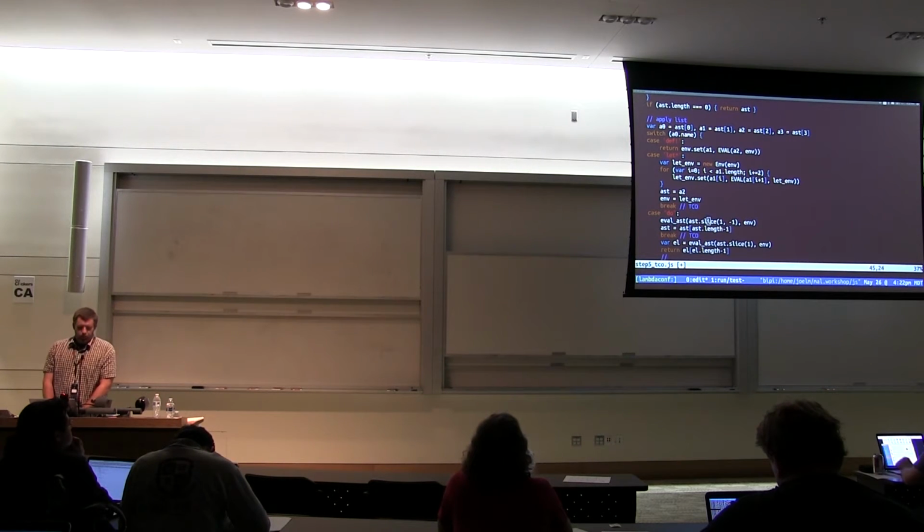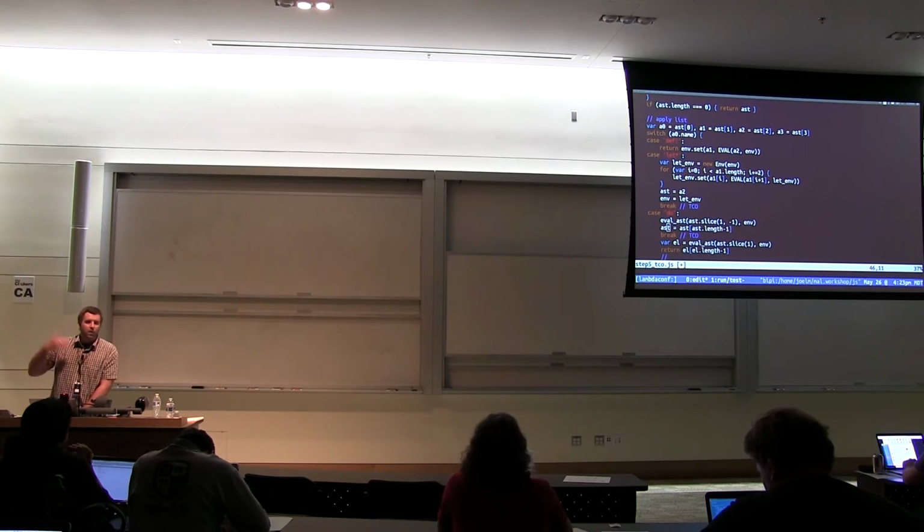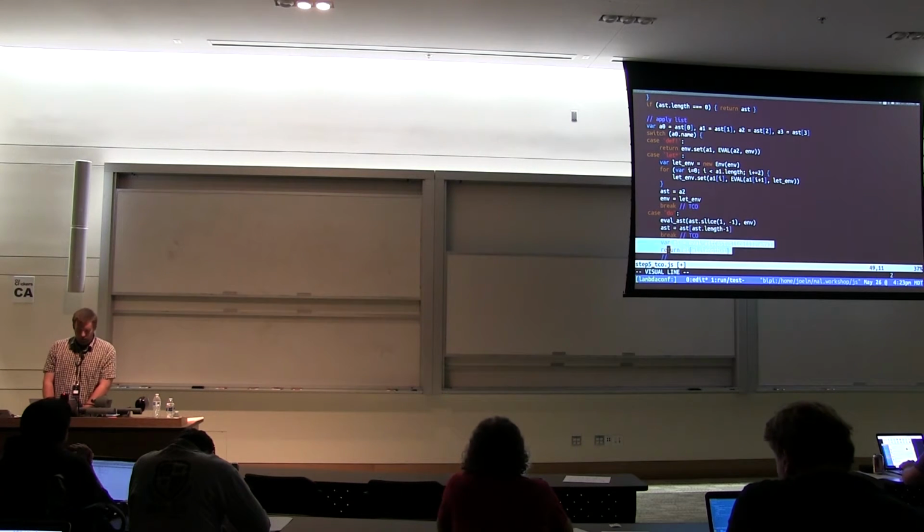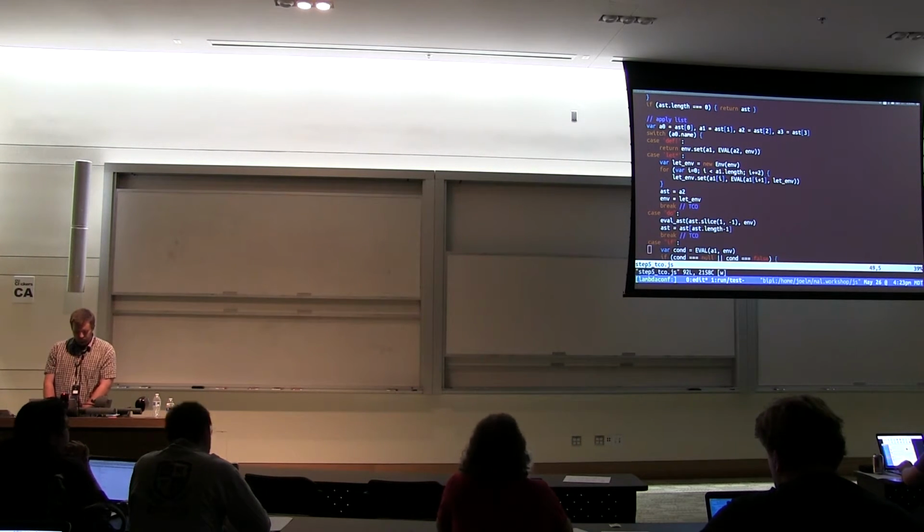In the tail call optimization version, I'm going to skip the last position, and then update AST to be the last position. This accomplishes basically the same thing functionally. I'm going to loop back into eval and evaluate the last position of the do, but it's a tail recursive version of it. So that's do.